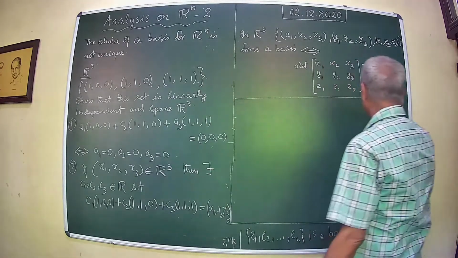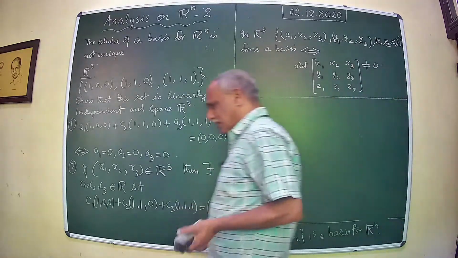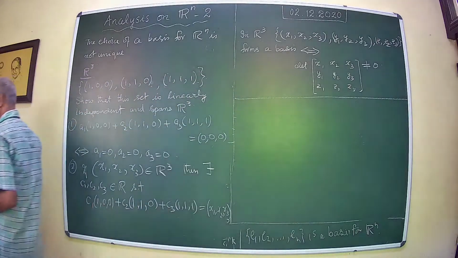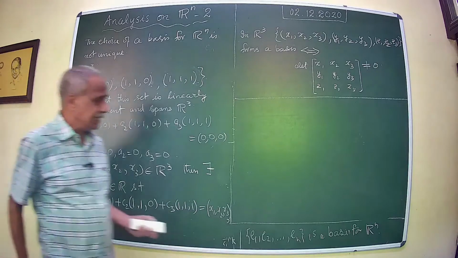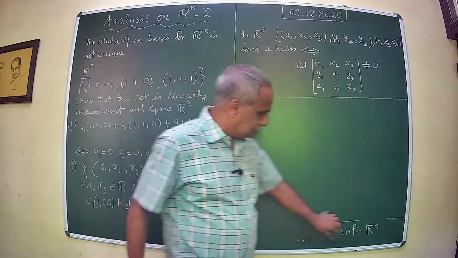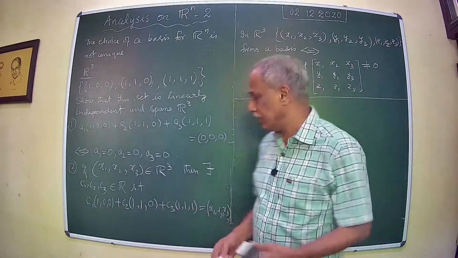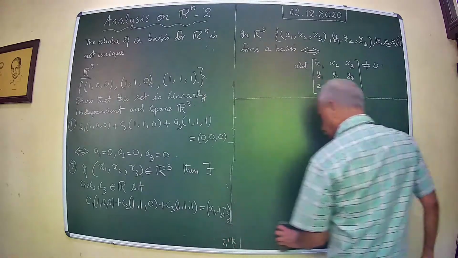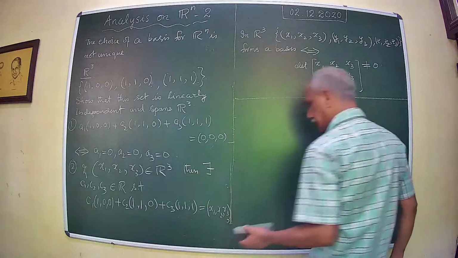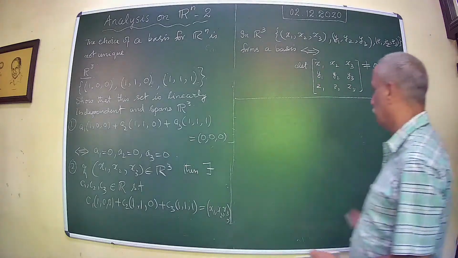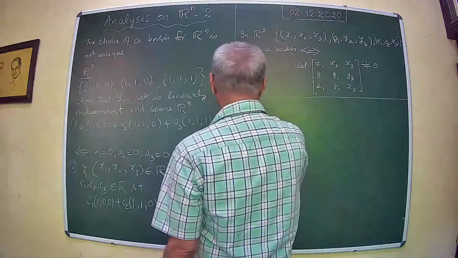So you have plenty of collections of vectors which form a basis. So the moral of the story is that the choice of the basis is not unique, and this is so in general for Rn.